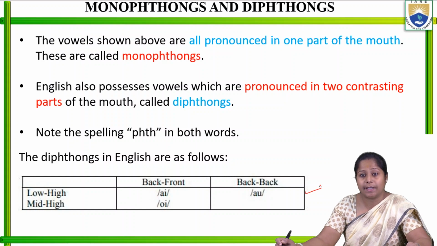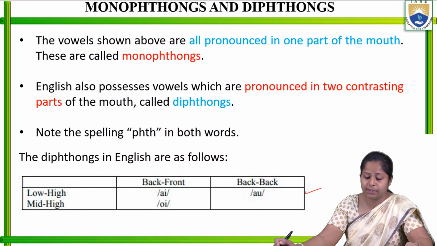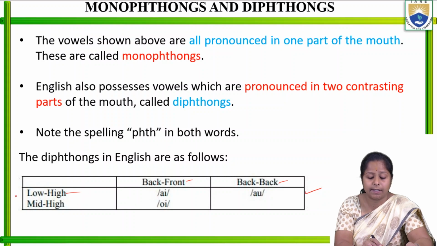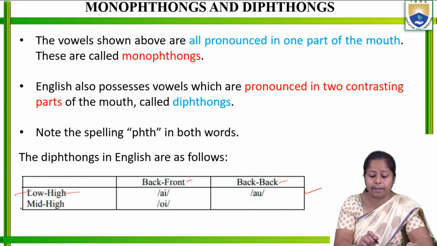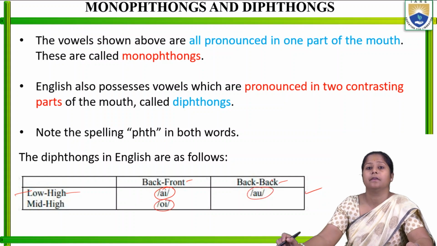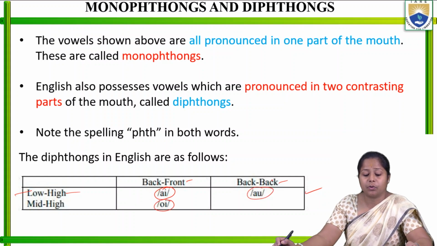So this table is here. The diphthongs in English are as follows. That has been classified in two columns, front and back, and again in the form of rows. Two categories are there: the rows are classified as high, low high and mid high. So the transcript will be written like this for the diphthongs.